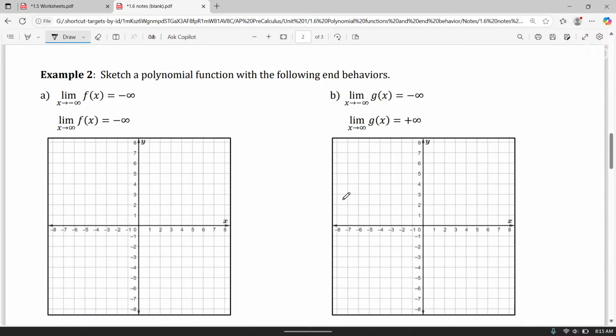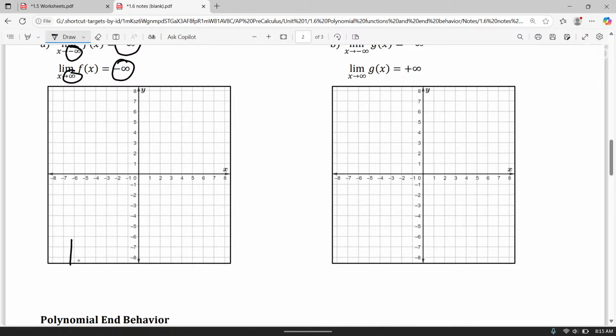Sketch a polynomial. So there's 29 of you in here. I can have 29 answers. Negative infinity, negative infinity. Positive infinity, negative infinity. That means that I have an even degree polynomial. That means I'm going down here and I'm going down here, and then I can do anything else. Just don't cross back. Don't make it a non-function.